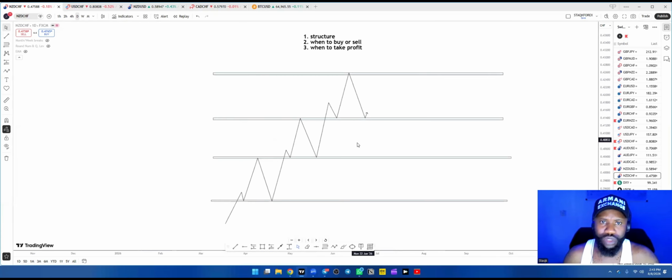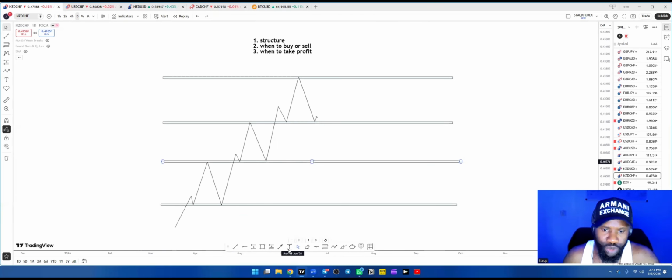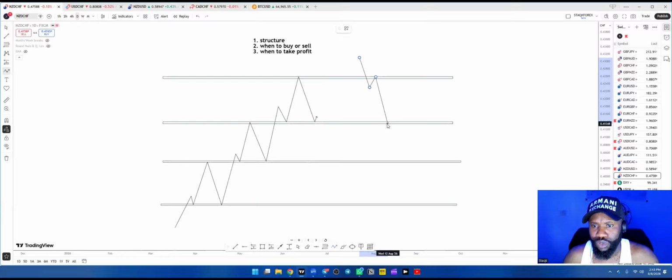So let me draw the bearish structure. So price broke this support level, then retest, then continued to the downside, gets to this level, pulls back to retest this level that was broken. Then a break now happened. They pull back for a retest, then pull back to retest this level.